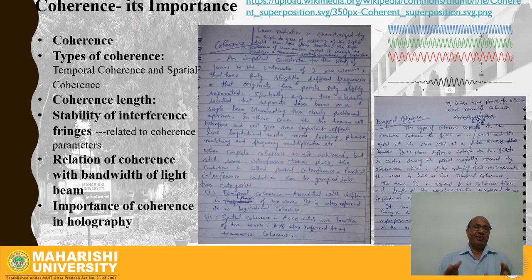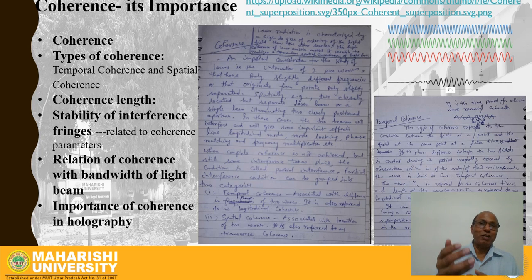Coherence has a general meaning also. If two persons are speaking in the same phase, that means they have the same opinion or the same phase difference, that means about their frequency of speaking, then these two people are considered to be coherent, or their voices are considered to be coherent.